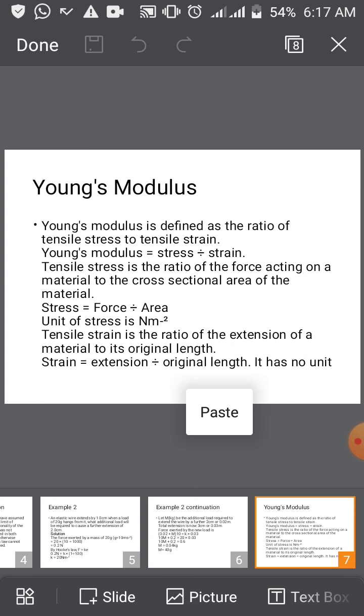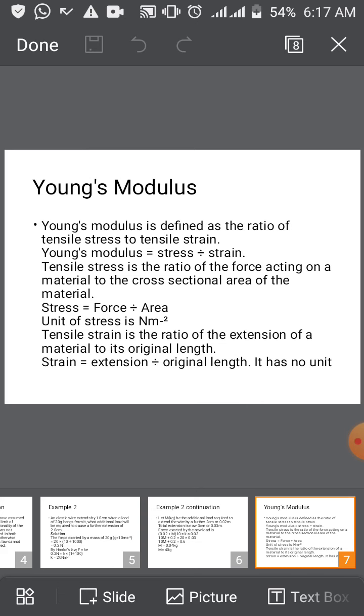Unit of stress is Newton per meter squared. Tensile strain is the ratio of the extension of a material to its original length. Strain is equal to extension divided by original length.